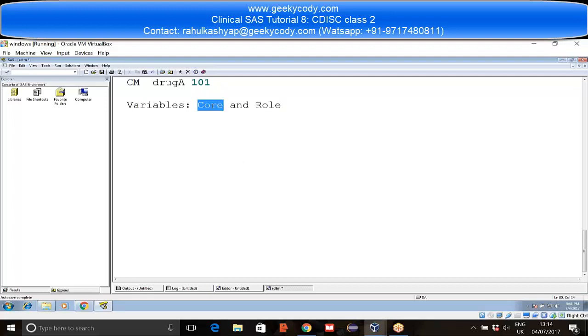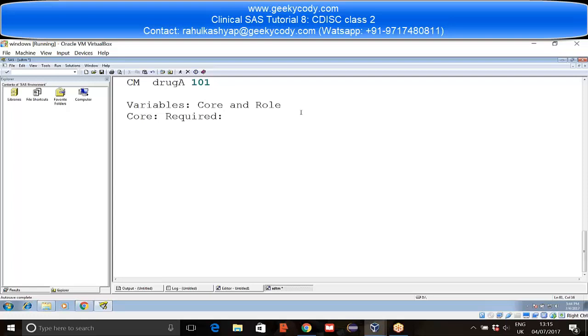The first one is based on core. Based on core, there are three types of variables. A required variable. What is meant by a required variable? Required variable means it is mandatory. That should be present in the data and it should not contain any missing value.